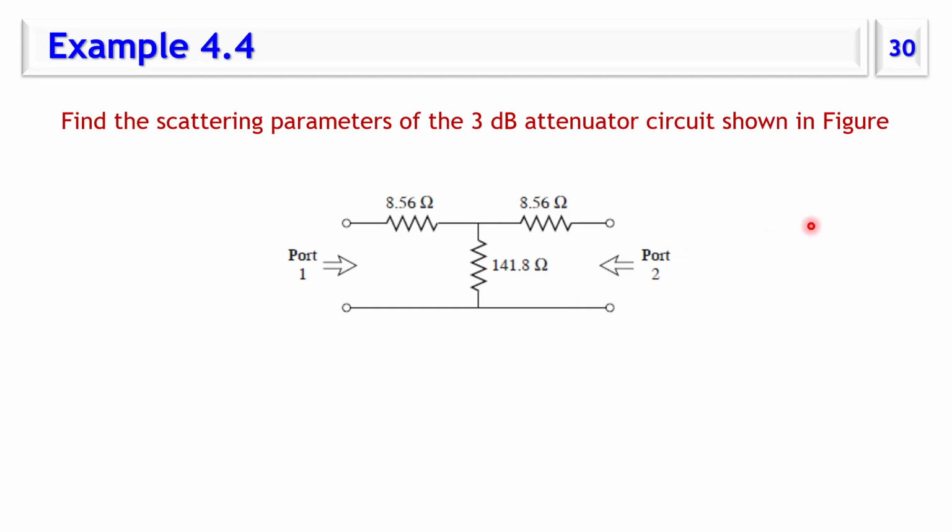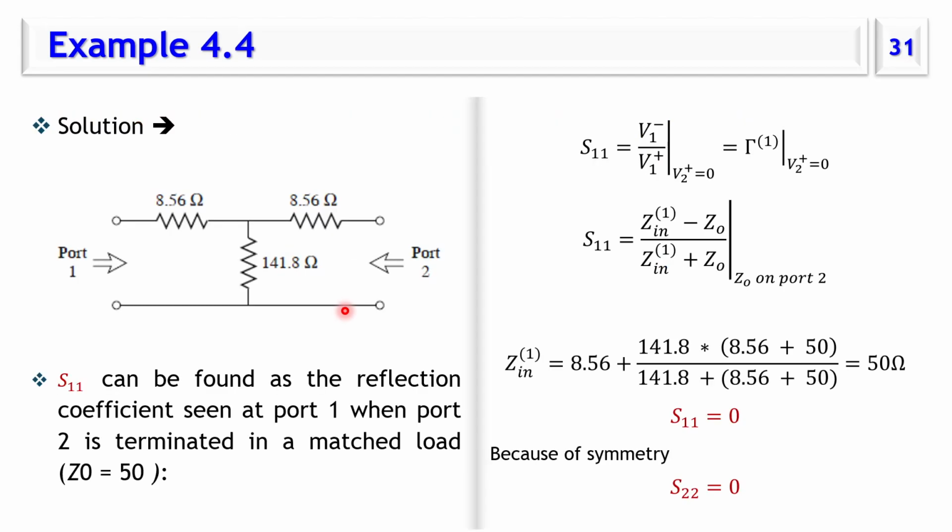So we're going to assume that the impedance is 50 ohm. So the matched impedance is 50 ohm. If we want to have 0 V2 plus, we need to put a 50 ohm here. If we need to have V1 plus equal 0, we need to put 50 ohm here. So, matched termination.